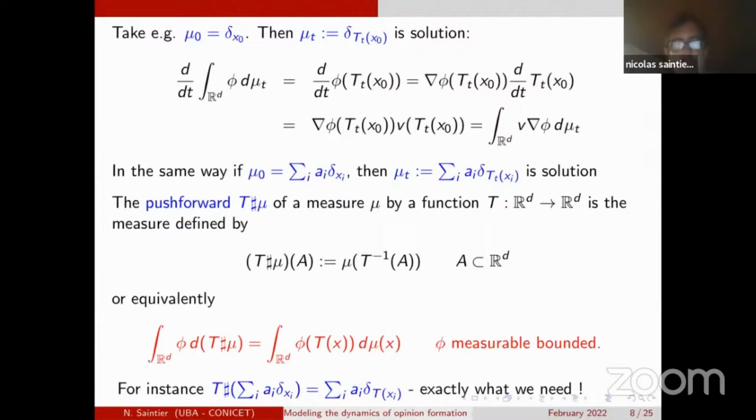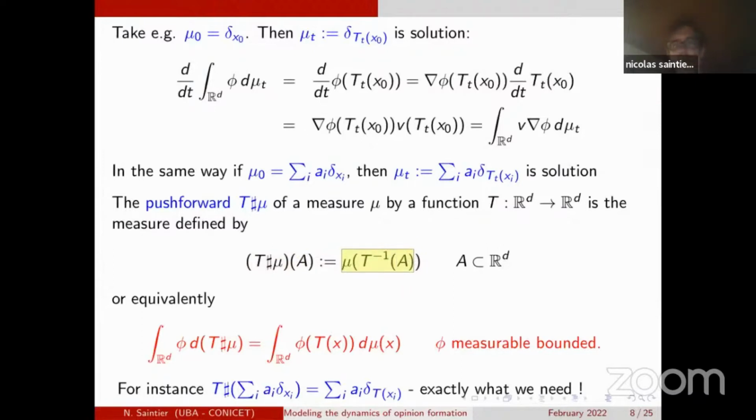And the push forward of a measure in general is a measure defined, you can define it that way, by saying that the push forward T sharp mu of some set A is this.